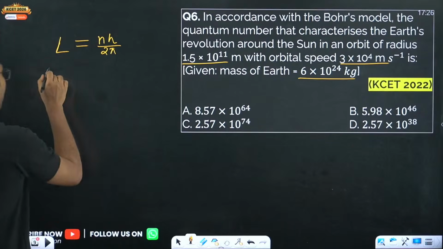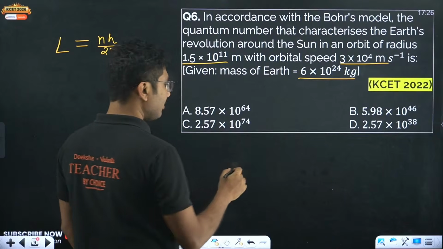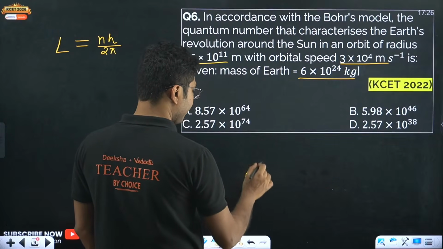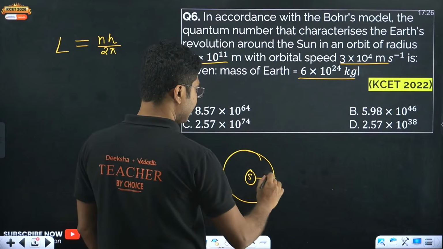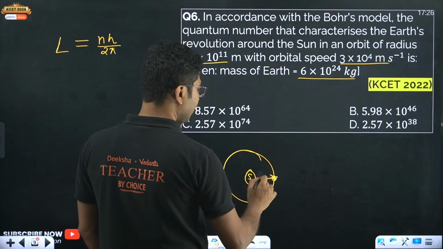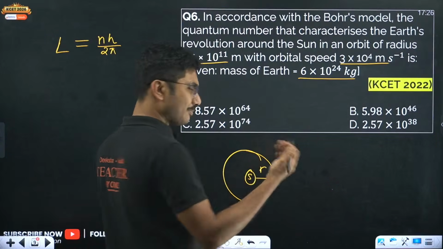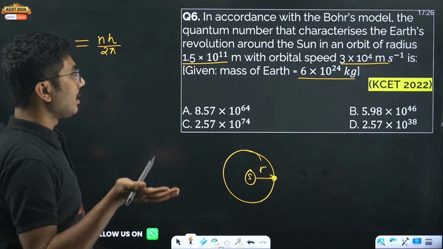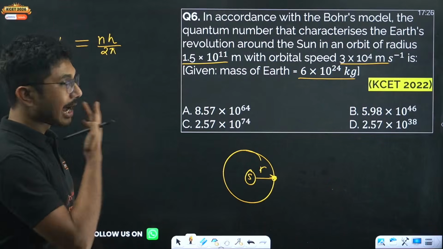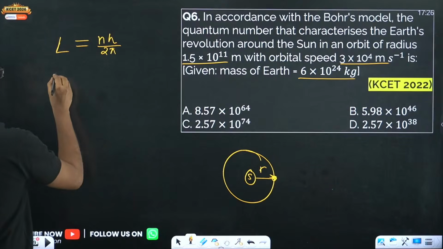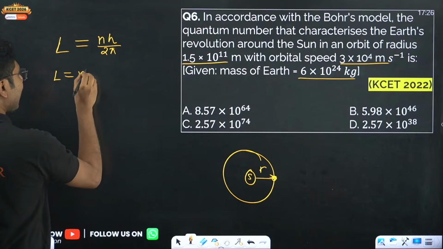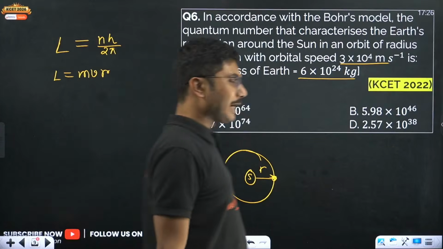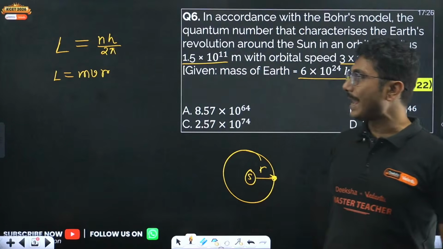Here, instead of an atom we have our planet Earth, which is orbiting around the Sun. The radius is given, the orbital speed is given, and the mass is given. Approximately circular orbit we have assumed. So that means we require all of them. Angular momentum is actually m omega r squared, but omega is v by r, so it will be mvr.